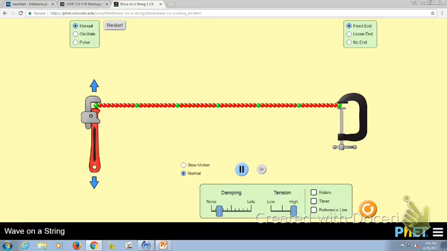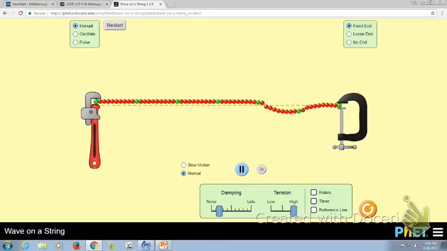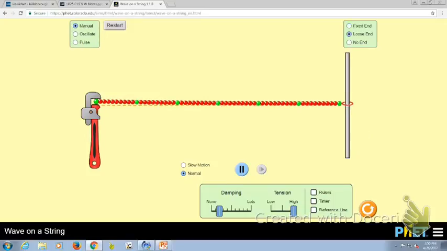That's like what we did with the rope, right? That's exactly like we did with the rope. So what I can do is take this, it's got a fixed end now, and let's get rid of that fixed end. So let's go to loose end, like water. It's like a string that's loosely attached. That's like water.